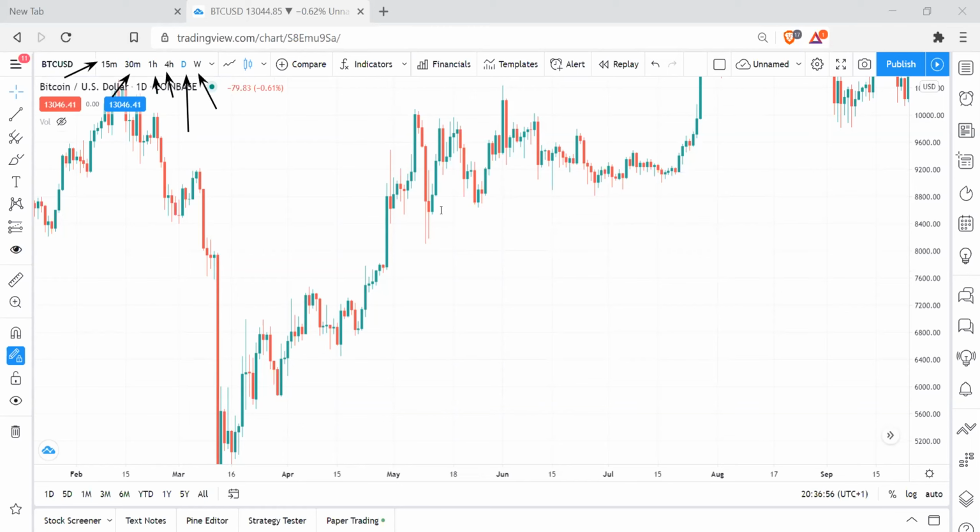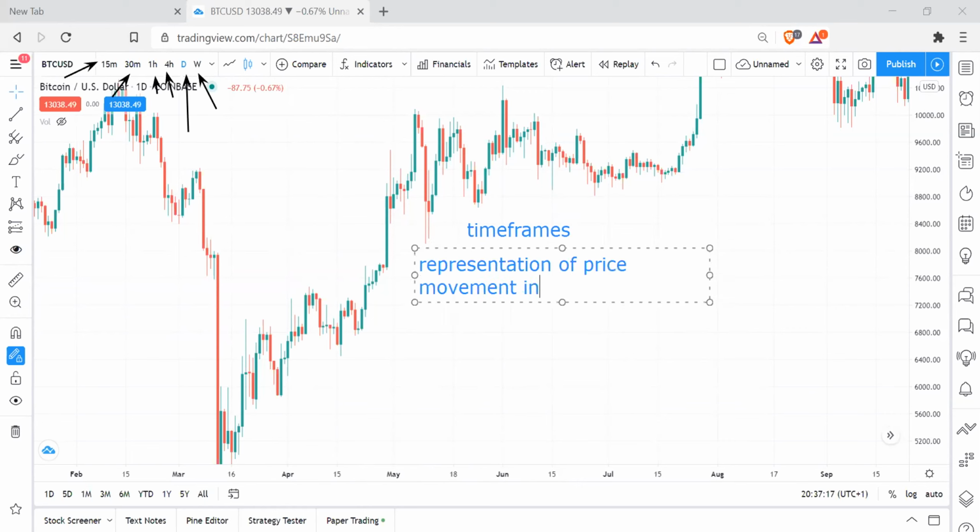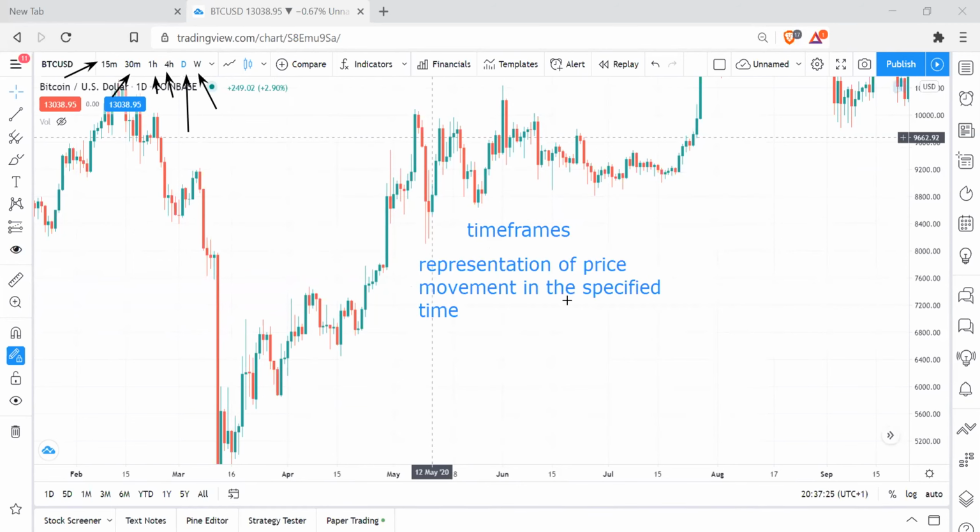Now, a time frame is the representation of all that price did within a specified period. Let me type that. Representation of price movement in the specified time.